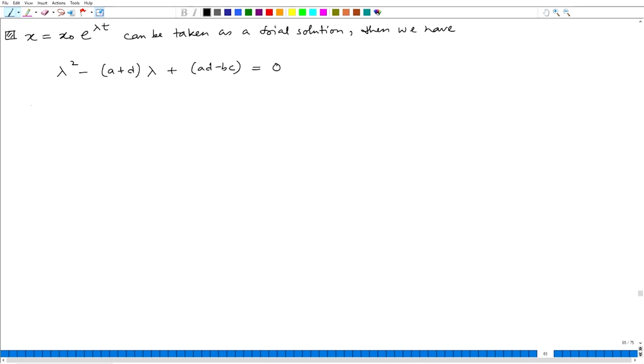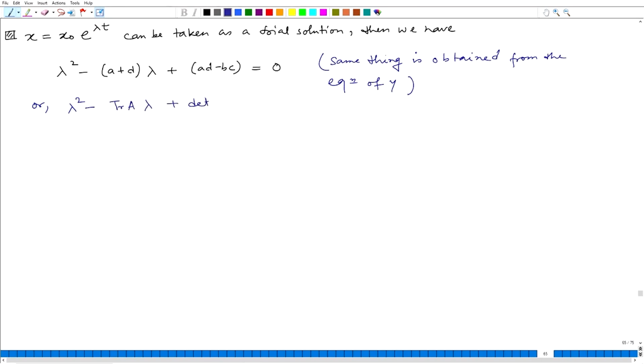The same thing is obtained from the equation of y: lambda squared minus trace of A times lambda plus determinant of A is equal to 0.